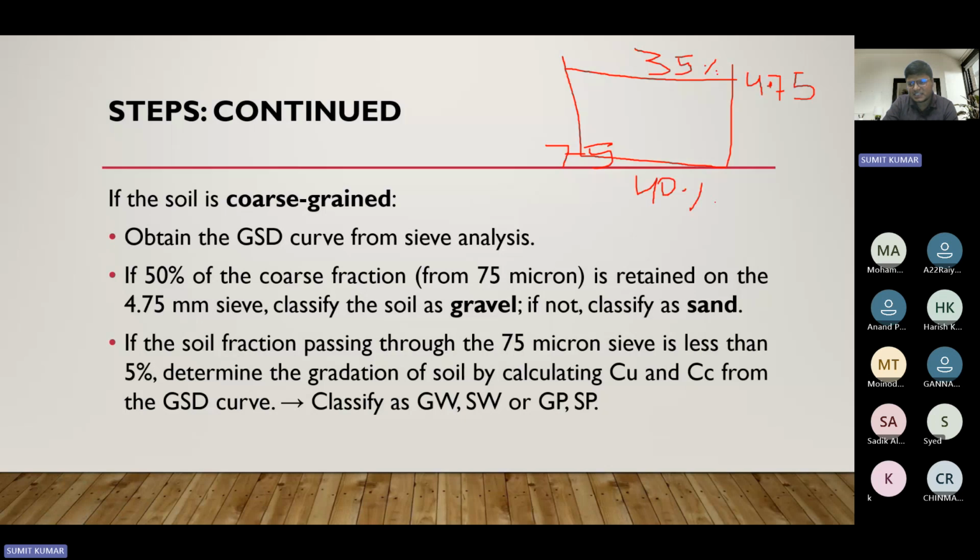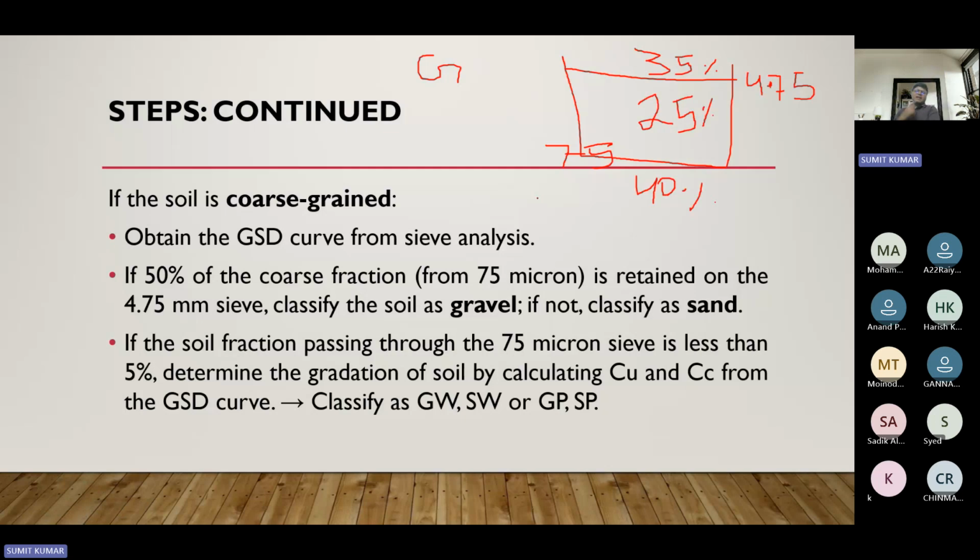If 35% is here and 40% is there, then it becomes 75%. So 25% of particles are retained over here, and in that case the gravel fraction is more, so it is stated as gravel. But if at this place 25% and at this place 35% is there, then you classify it as sand. That's the only difference which I want to state.